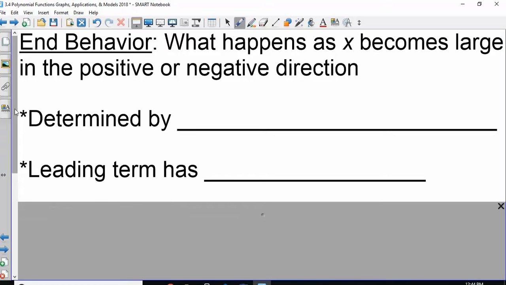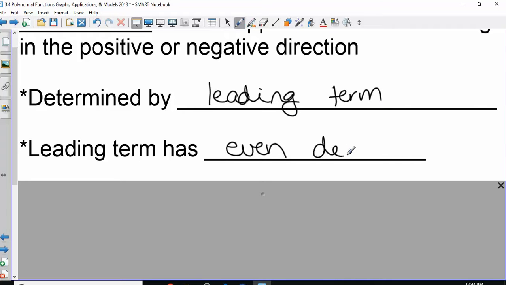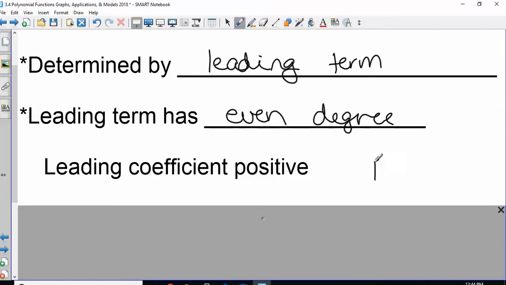So if you were to look in the book, they do say like f of x goes to infinity as x goes to infinity and that type of thing. We're not going to be quite that precise. So it is decided by the leading term. If the degree is even, then as long as it is a positive coefficient, we're just going to draw two arrows.